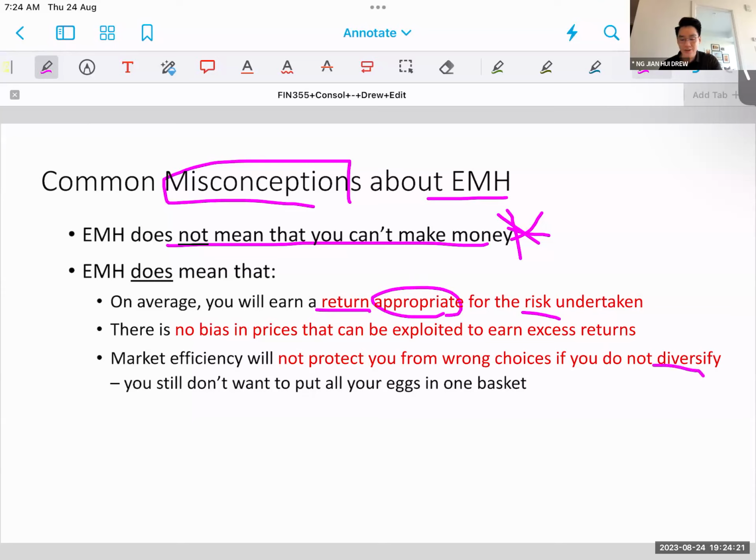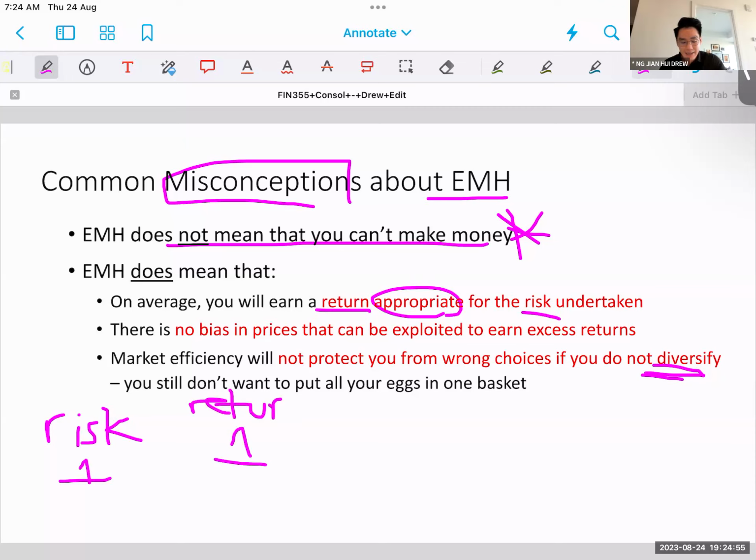And this efficient market does not protect you if you do not diversify. You probably have taken a portfolio management course, where you learn that as a portfolio manager, you have to diversify. Let's quantify risk: if you take one level of risk, you get one return.